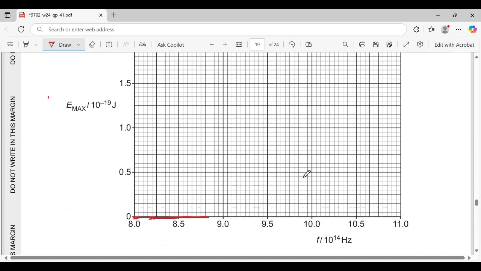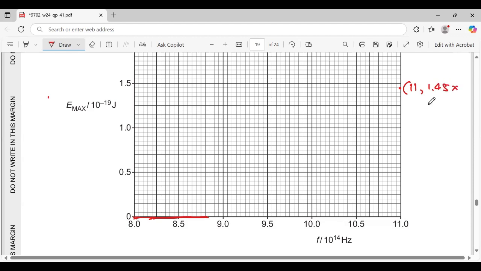Next coordinate point is 11, 1.45. This is 1.5 here, 1.45 around here. If here is 1.5, so this is the coordinate point of 11, 1.45.